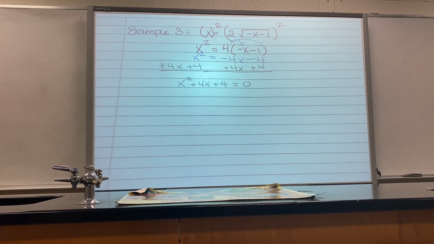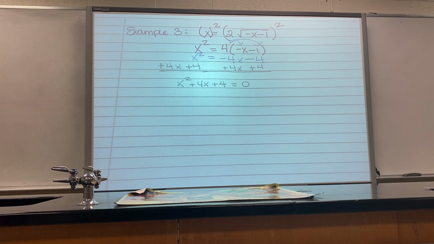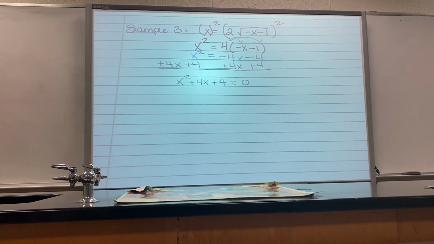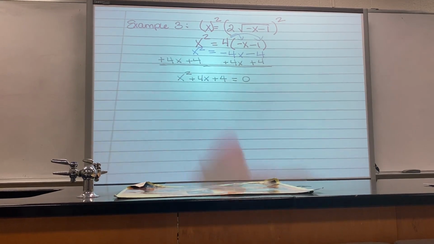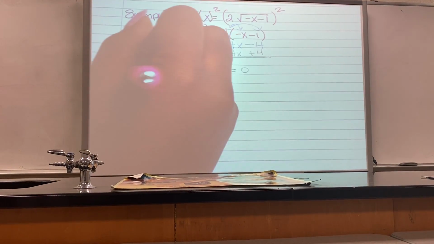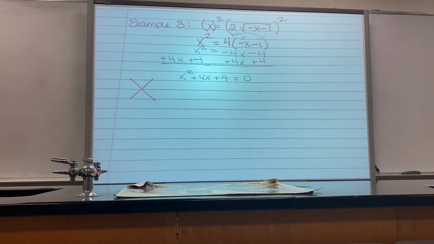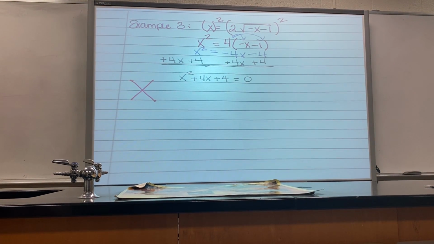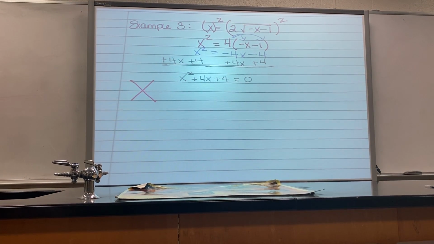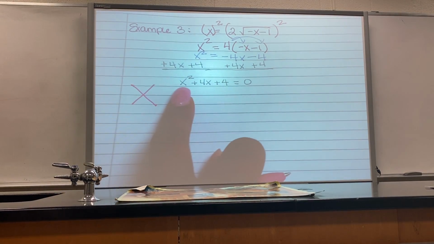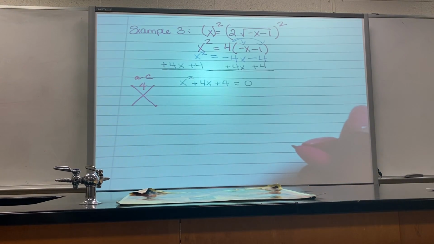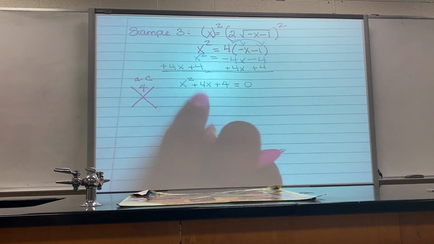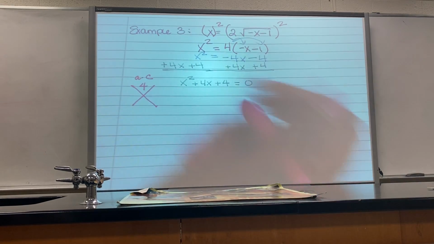Questions so far? Now I've got it in standard form. It's set equal to 0. I can use the magic X to solve it. Again, in the top of my X goes A times C. My A is 1. My C is 4, so I would have 4. In the bottom of my X goes my B term, which in this case is also 4.